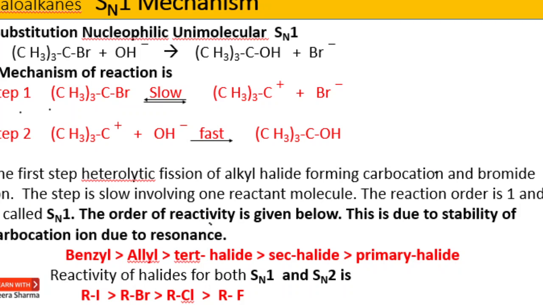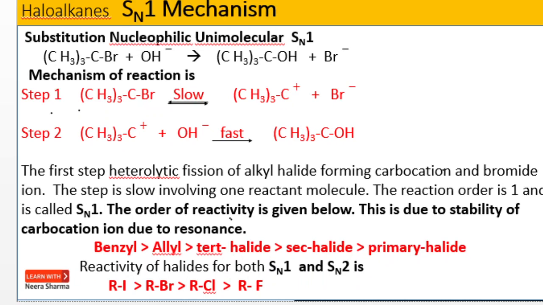In the SN1 mechanism, mostly tertiary halides undergo SN1. The first step, which is a slow step, involves heterolytic fission of the alkyl halide forming a carbocation, with a positive charge on the carbon.